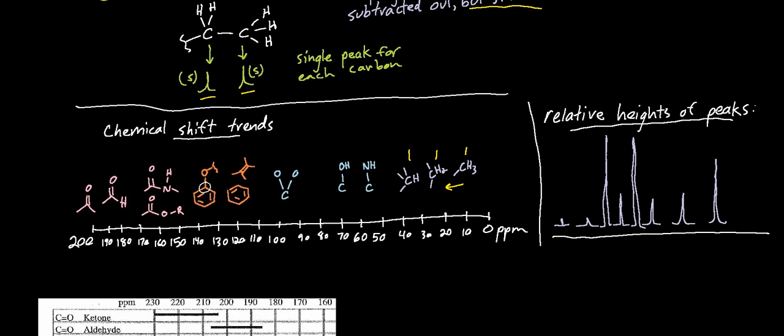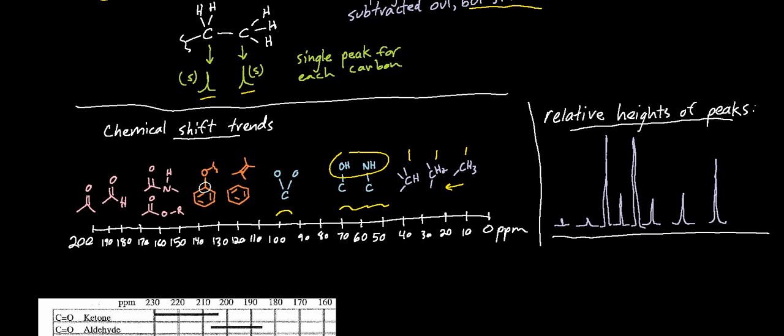So all things equal, the CH is going to be much more de-shielded than the methyl. Heteroatoms attached to carbon, if the carbons are not unsaturated further, like a double bond, are in this region very characteristically. So alcohols and amines. A carbon with 2 oxygens very characteristically is, and as we would expect, much more de-shielded, around 100.